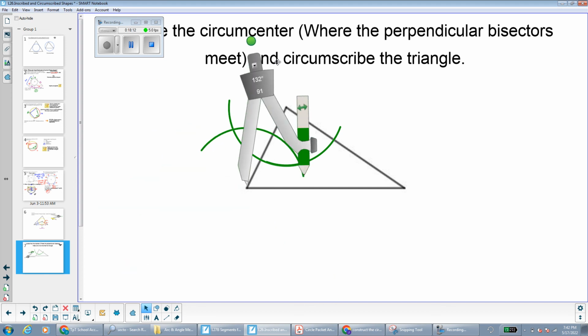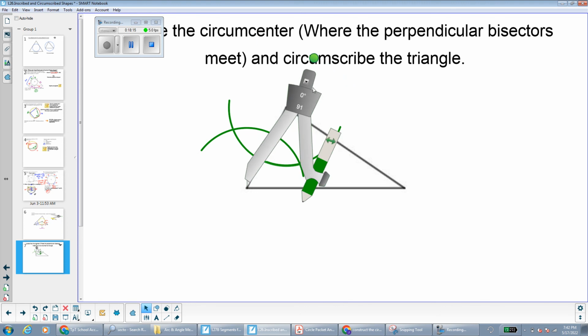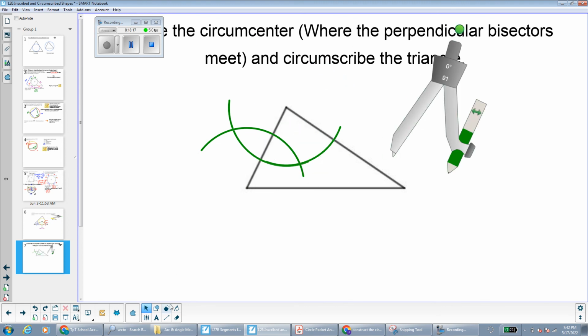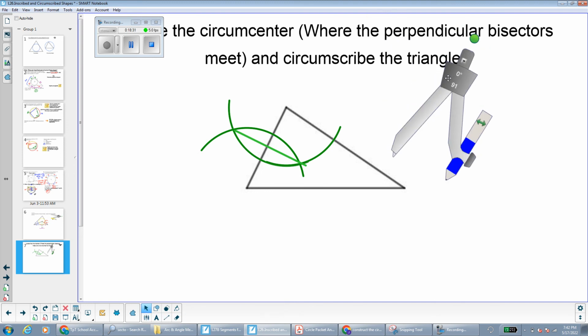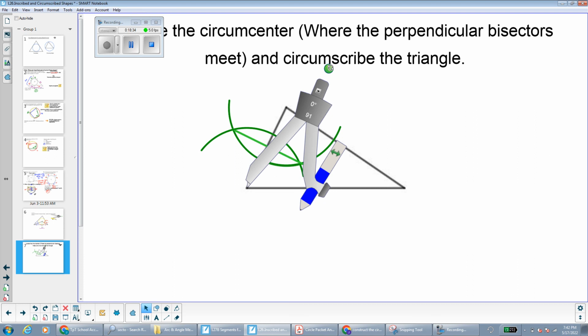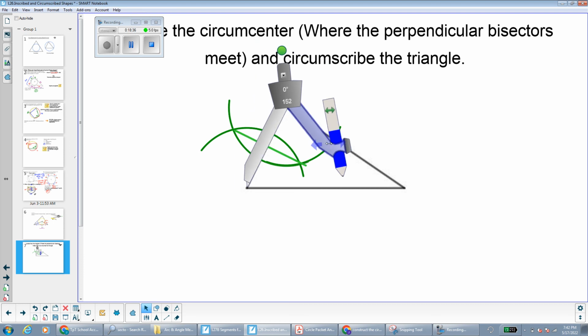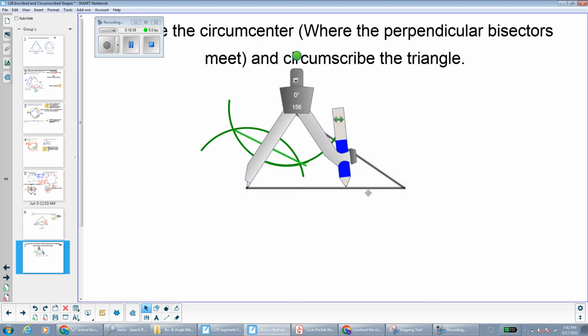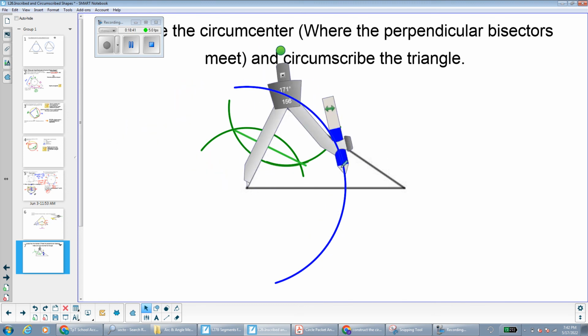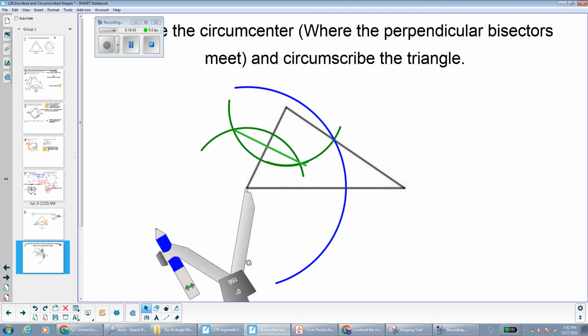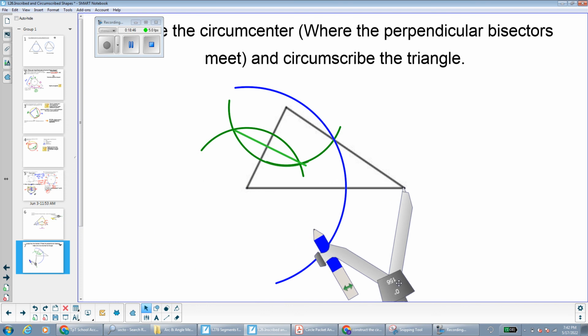Once again, I'm trying to do this super quick, but see if you can guess what construction makes up the circumcenter. So if you were guessing perpendicular bisector, you would be absolutely correct. So once again, it's more accurate if I do the perpendicular bisector for all three sides, but I only have to do it for two to get a pretty good depiction, but three would be the most accurate.